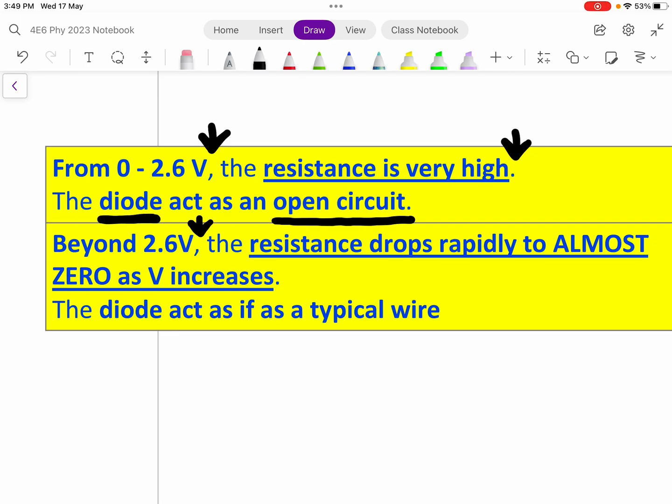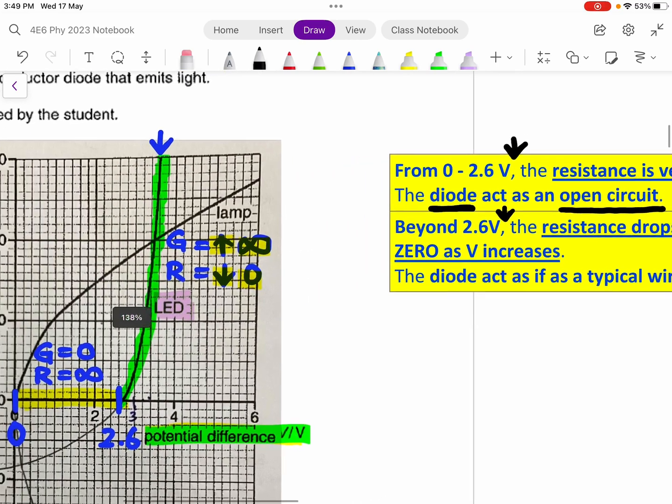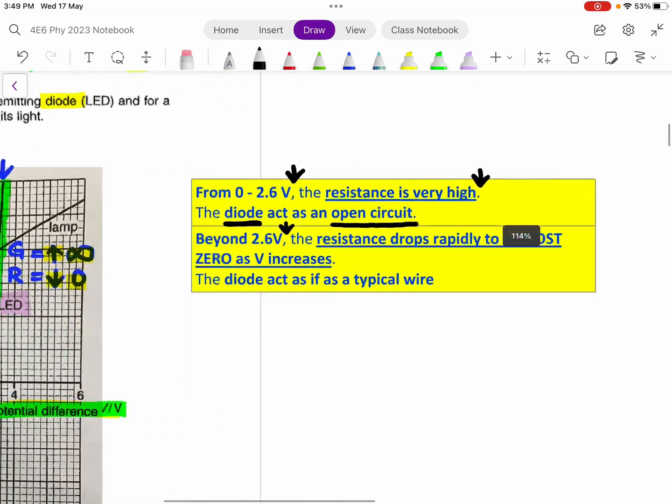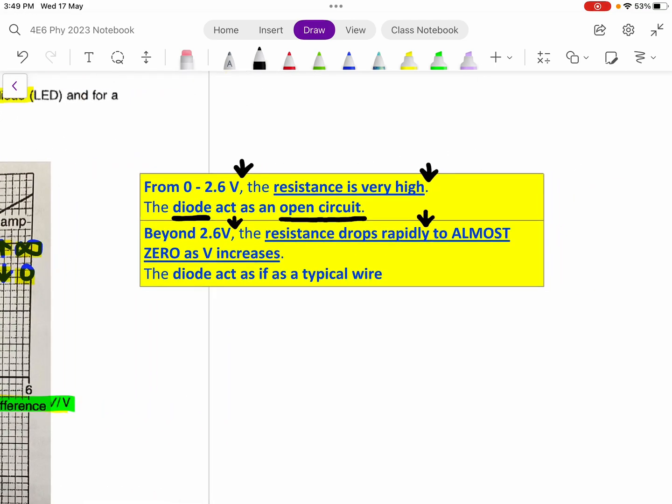Beyond 2.6, what happened? I will talk about the trend. The resistance drops, and I feel that it is not just a drop. It actually dropped from infinite to almost 0 within a gap of 1, 2, 3, 4 tiny squares. So I feel that it dropped very rapidly to almost 0 because I know I'm talking about a diode, and that is a property of a diode.